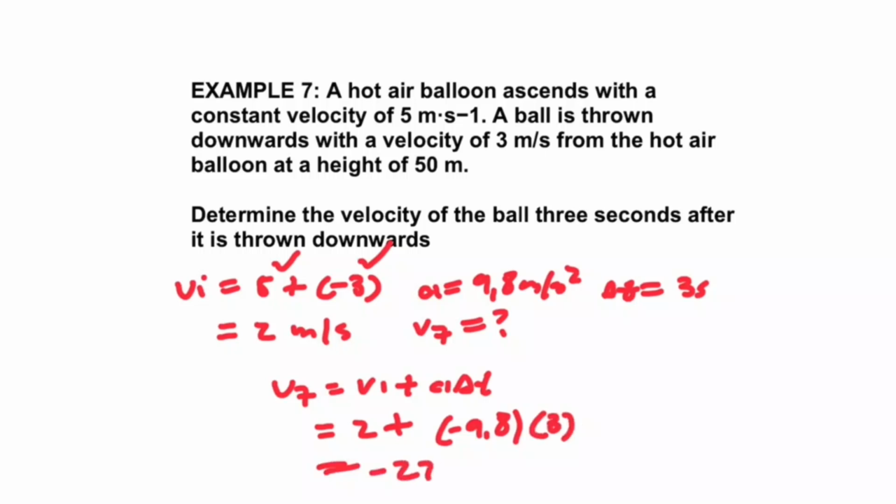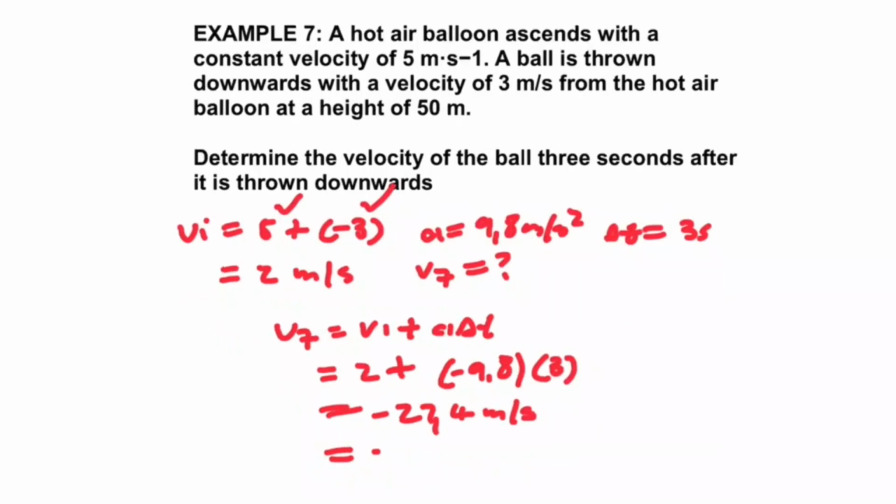Minus 27.4 meters per second. Well, this is just 27.4 meters per second downwards. That negative sign tells us that it is downwards because we're taking up as positive. So just like that, we have solved the problem. It's not that complicated. Just a tiny adjustment and we have figured it out.